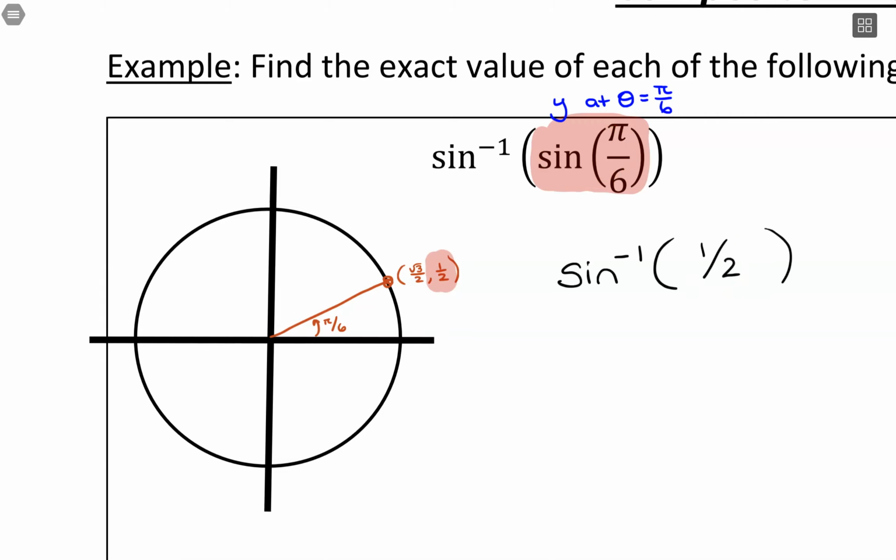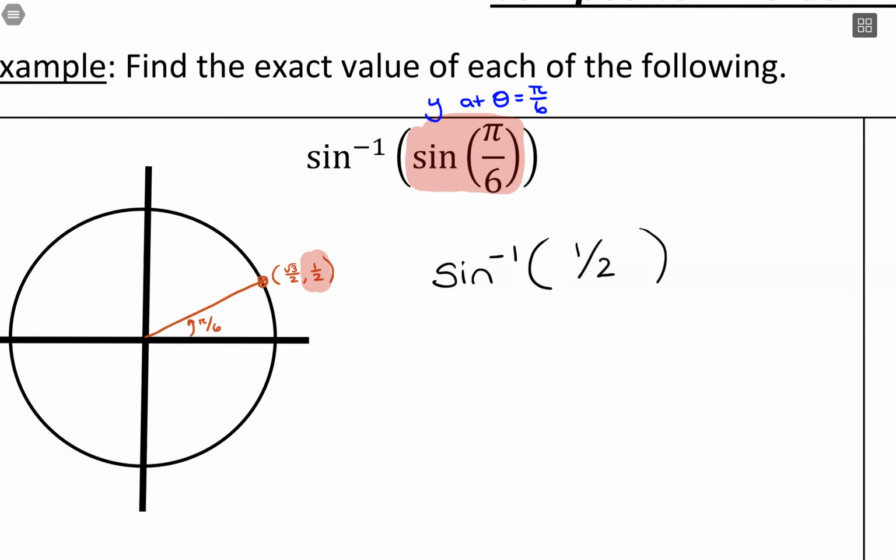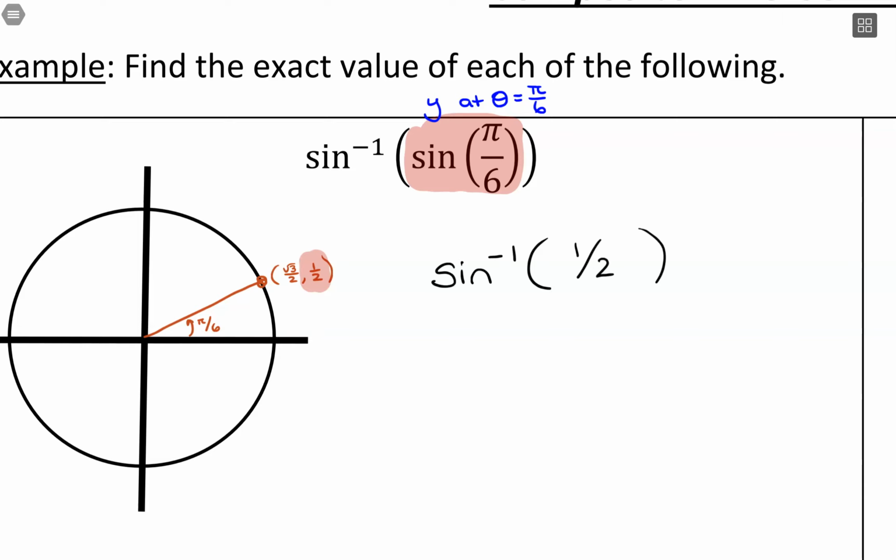Now what I'm going to do is evaluate my inverse function. So this is where I'm going to switch. What my inverse function wants to find is our angle measurement where we have a y coordinate of 1/2. So we're being given the coordinate inside the function, and we want to find an angle measurement.